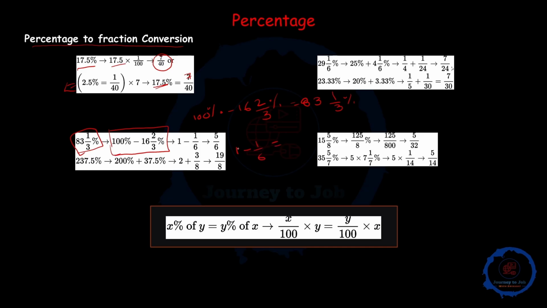So 1 minus 1 by 6. Here the LCM is 6, so multiply with 6 here. So 6 by 6 minus 1 by 6, which is 5 by 6. Okay, no need to worry by seeing this value. It looks very complex to calculate, but actually it is not.